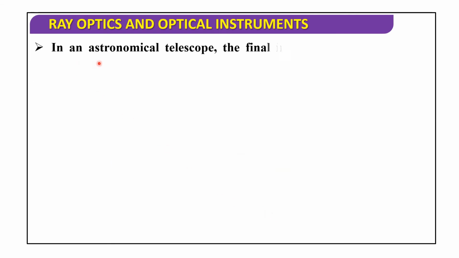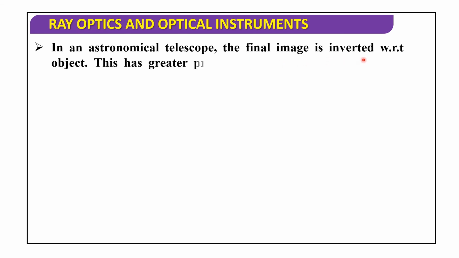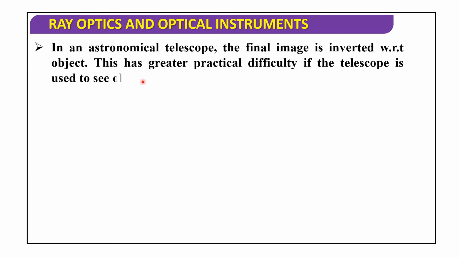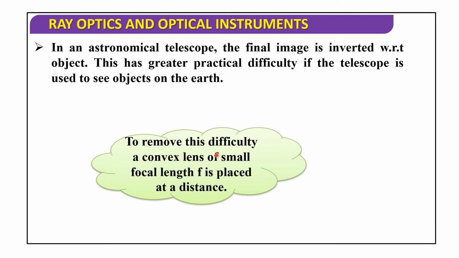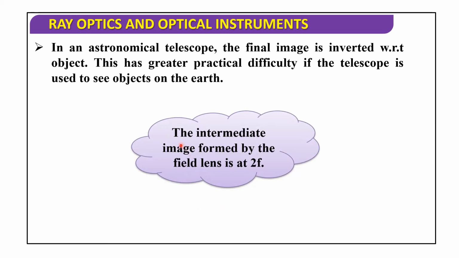In an astronomical telescope, the final image is inverted with respect to the object. This has greater practical difficulty if the telescope is used to see objects on the earth. To remove this difficulty, a convex lens of small focal length f is placed at a distance. So the intermediate image formed by the field lens is at 2f.